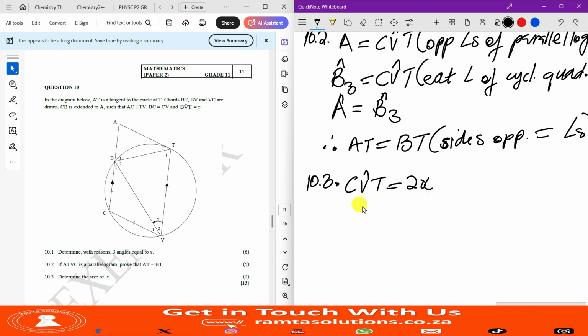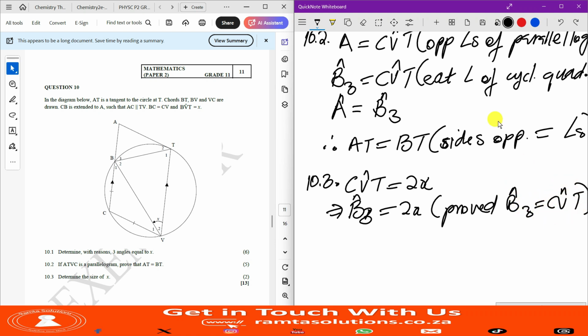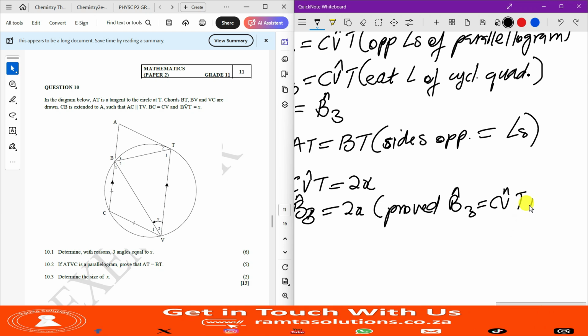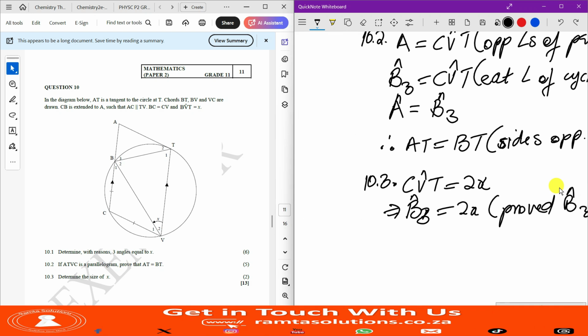So we can therefore say this implies angle B3 is equal to 2x, right? We proved that B3 is equal to angle CVT. We proved this in 10.2. Now we are good to go.